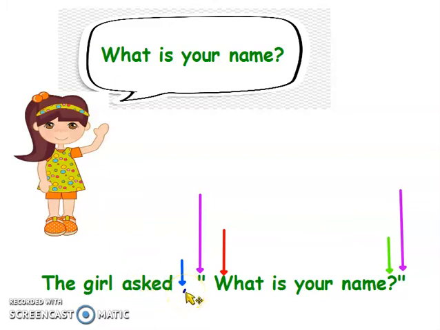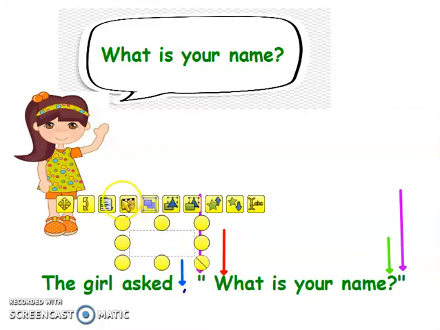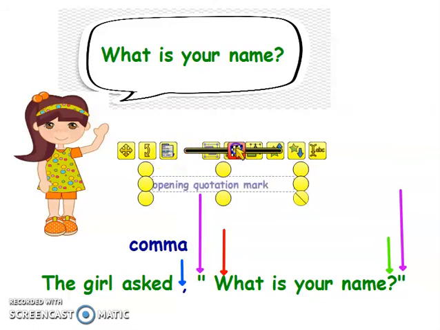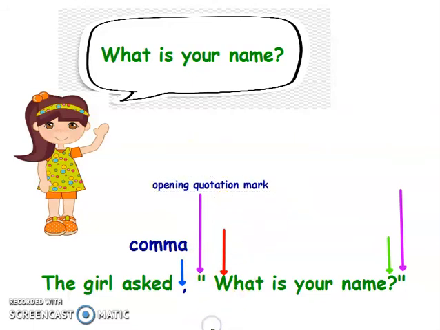The first important rule is the comma. The comma separates the name of the speaker from the words that the speaker asked or said. So number 1, we write the comma. Number 2, the opening quotation mark. We start with a capital letter.